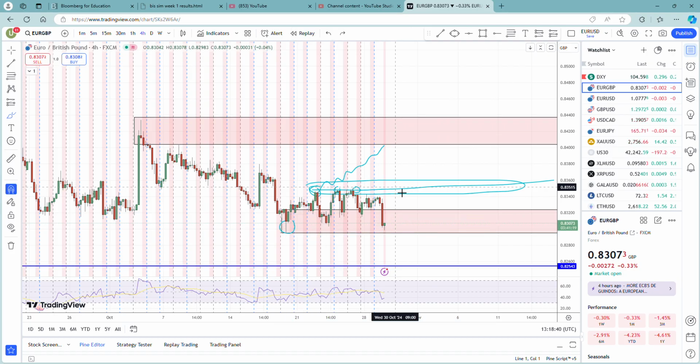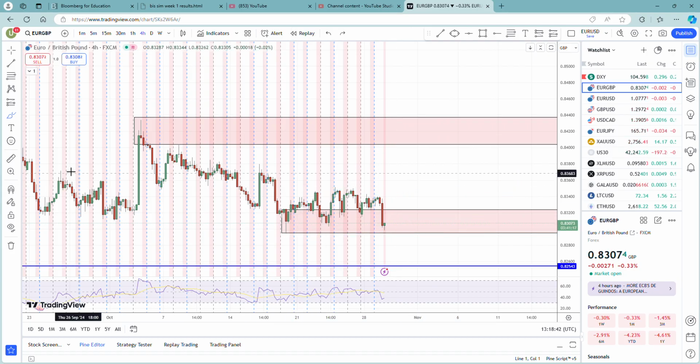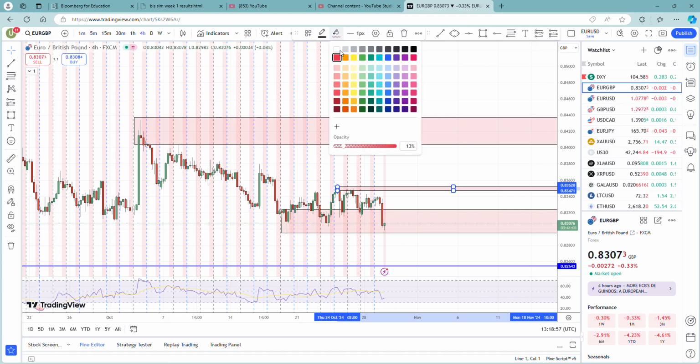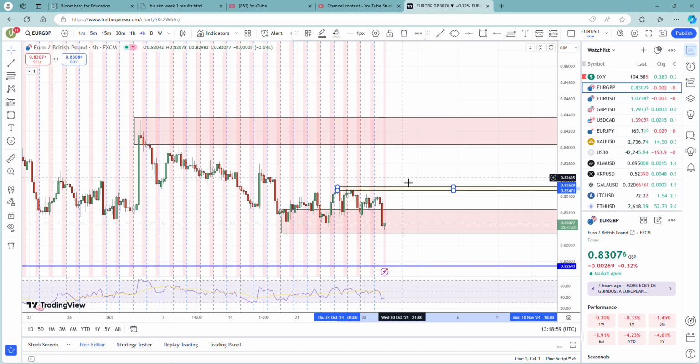So doing that, you can see when I mark these levels, you've got an H4 resistance level here. You can have them any color you want. I mark mine in yellow, and you want your H4 support as so.